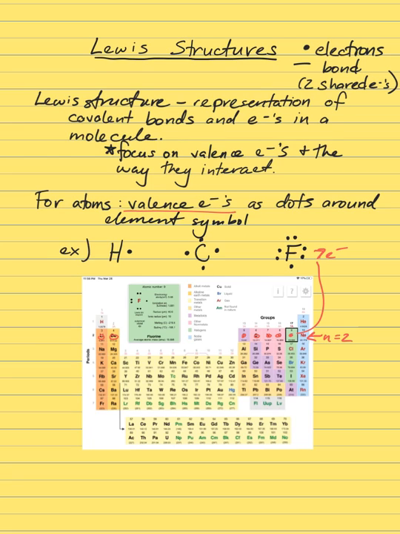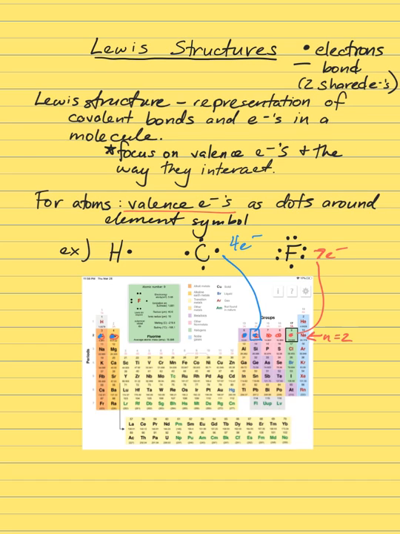We could also look at carbon here. I said carbon had 4. Carbon is here on the periodic table, also in n equals 2, and it has 1, 2, 3, 4 valence electrons. Okay, so as I said before, the Lewis symbol for an element by itself really isn't that interesting.